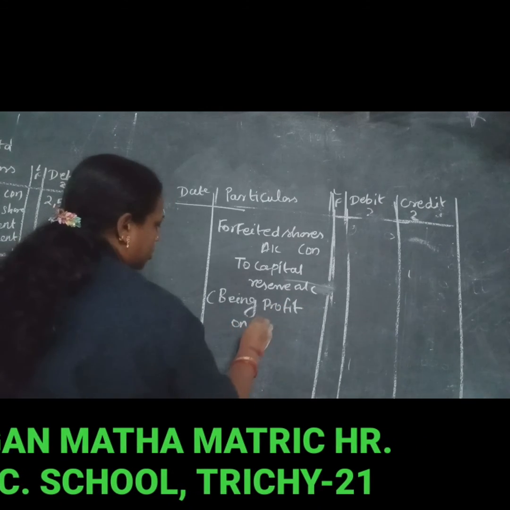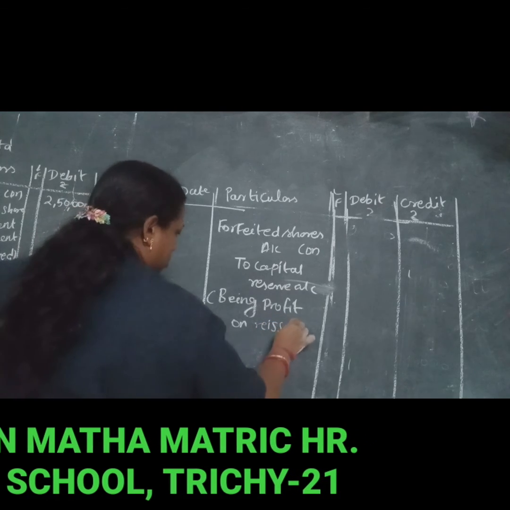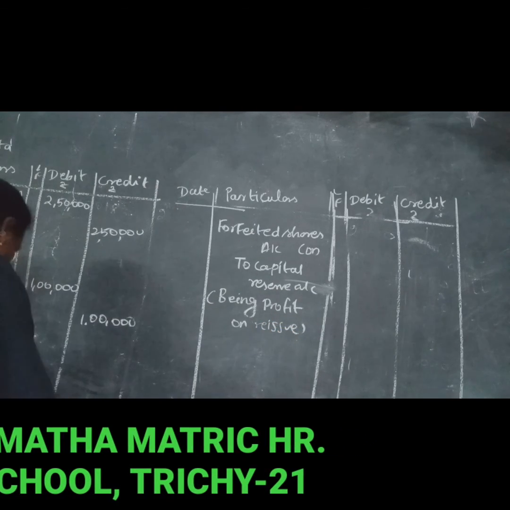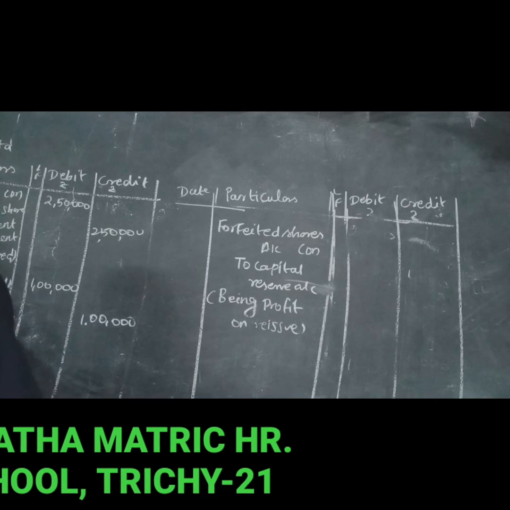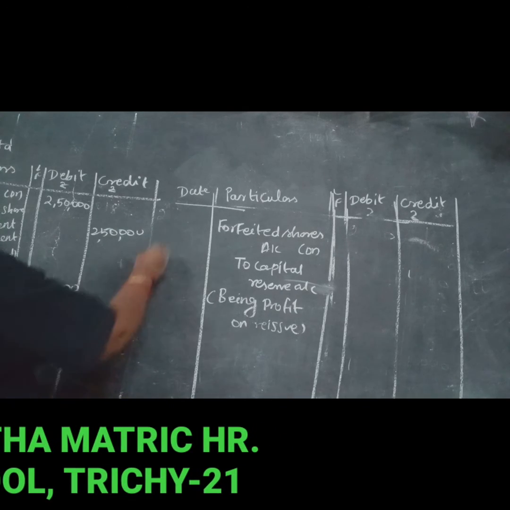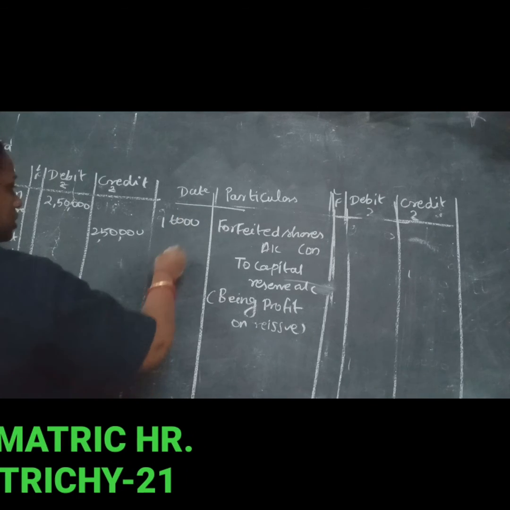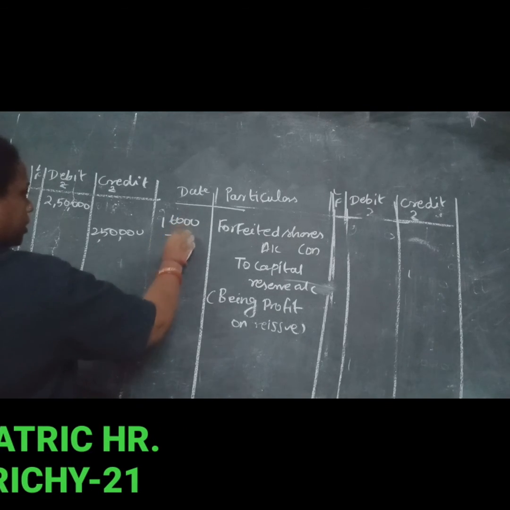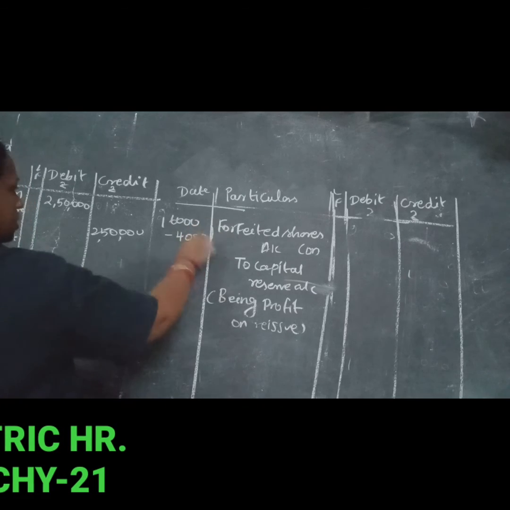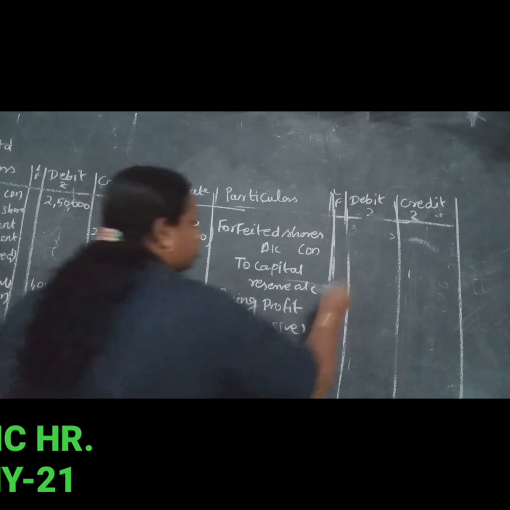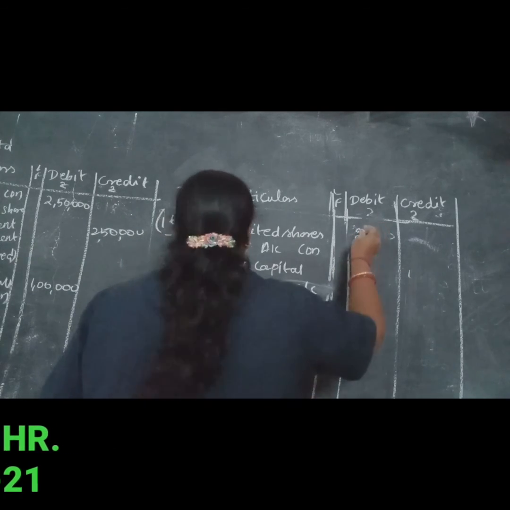The first forfeited shares amount is 16,000, then the second amount is 4,000. So 16,000 minus 4,000, 12,000.